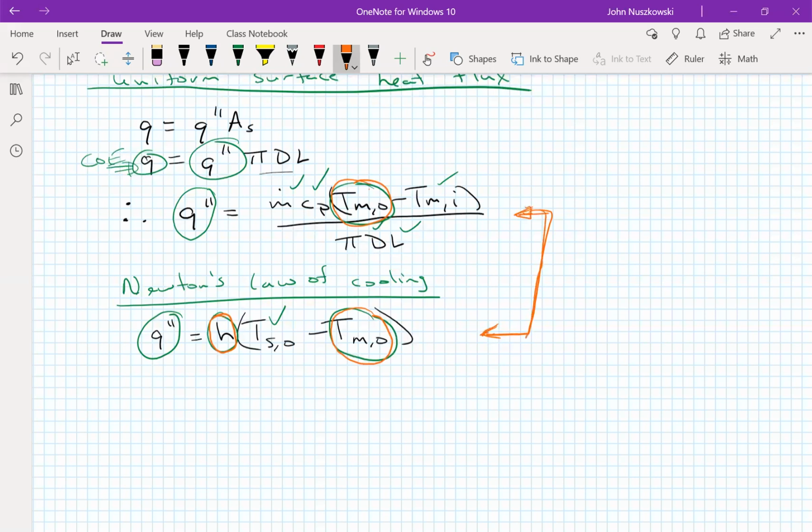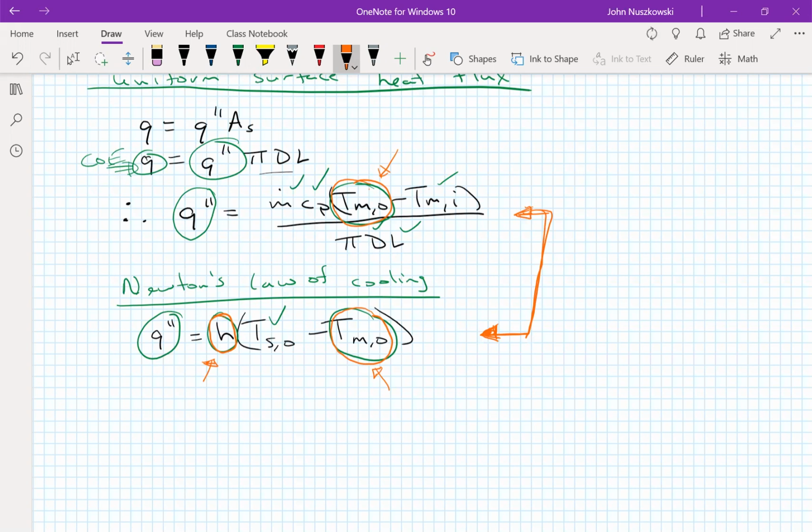So we either need another equation that relates the outlet temperature, or we need to figure out our convection coefficient, right? So which one do you think we can do? Any ideas?